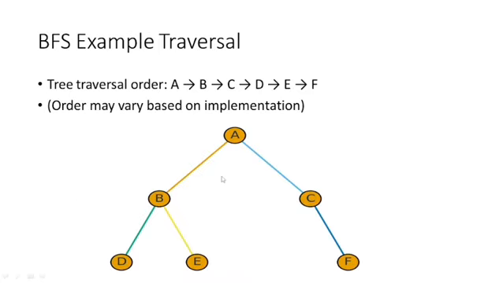Now, how does the BFS algorithm traverse the tree?